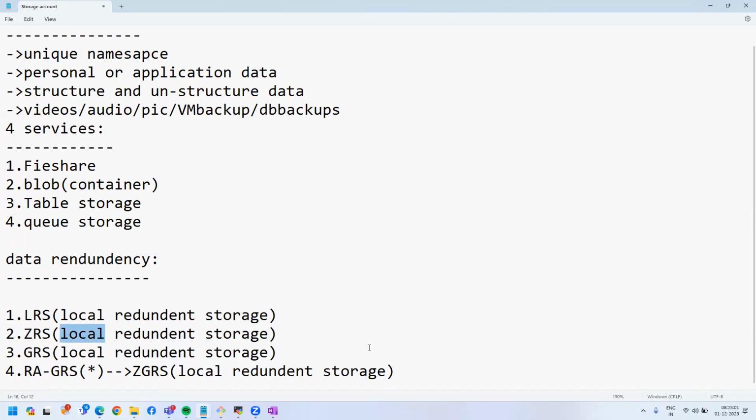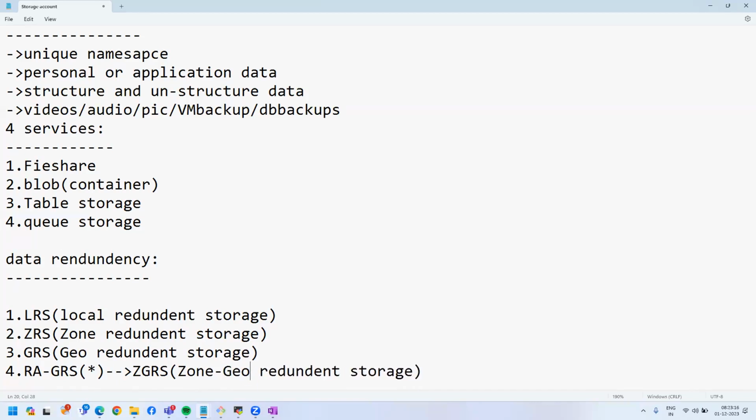ZRS means Zone Redundant Storage. GRS means Geo Redundant Storage. Next, Zone Geo Redundant Storage.